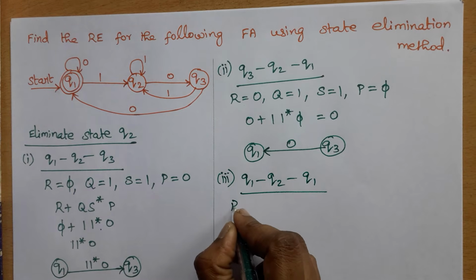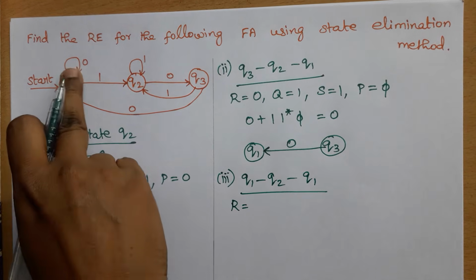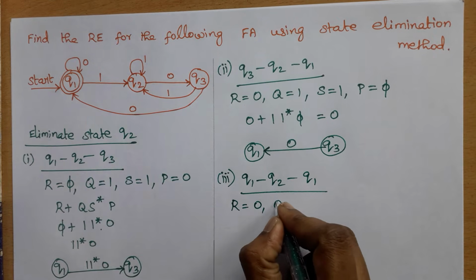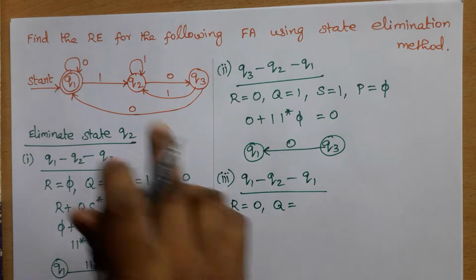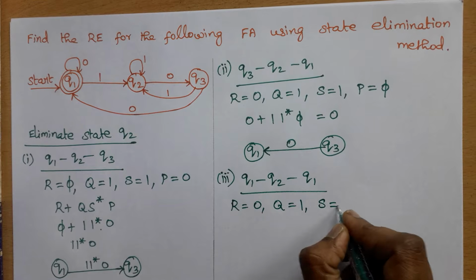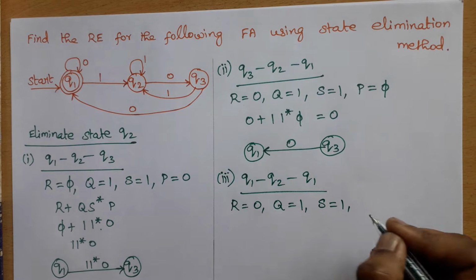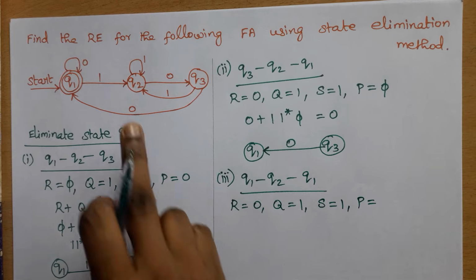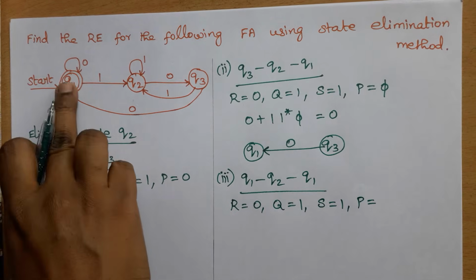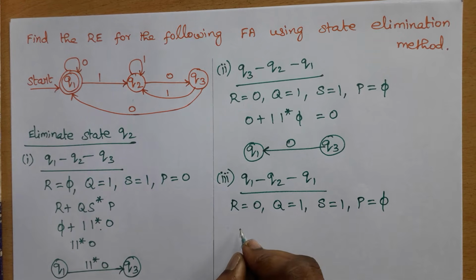In the third case, we need to consider Q1, Q2, Q1. Here R means Q1 to Q1 is 0. Then Q1 to Q2 is 1. Then S, Q2 to Q2, is 1. Then P, Q2 to Q1, there is no path.